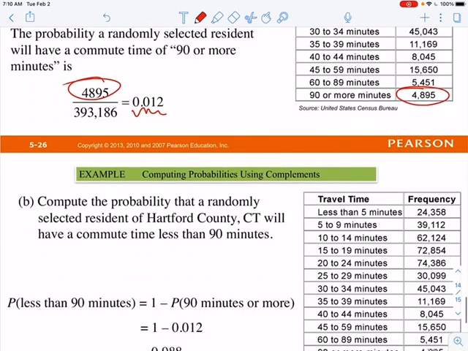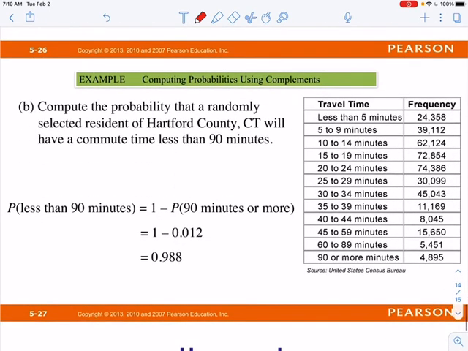Okay, so now let's take this and use the complement. Now let's say I want to compute the probability that a randomly selected resident of Hartford County, Connecticut will have a commute time of less than 90 minutes. Now, for less than 90 minutes, I can sit here and re-add all of these numbers together, everything except that last one.